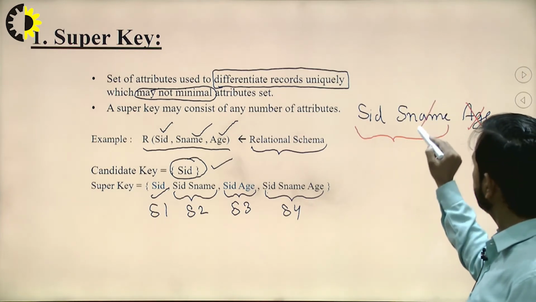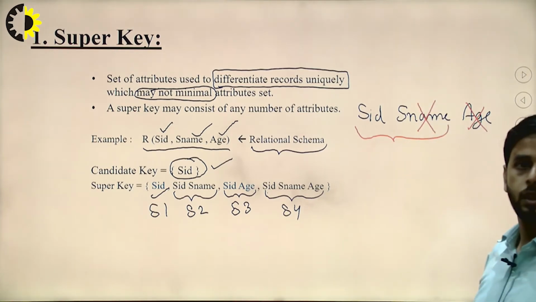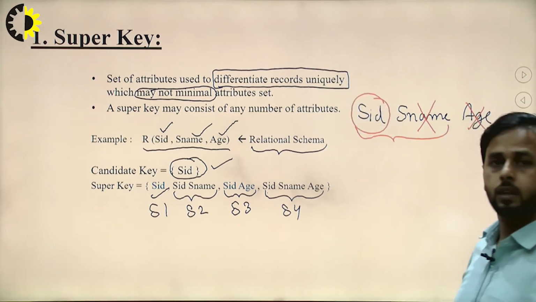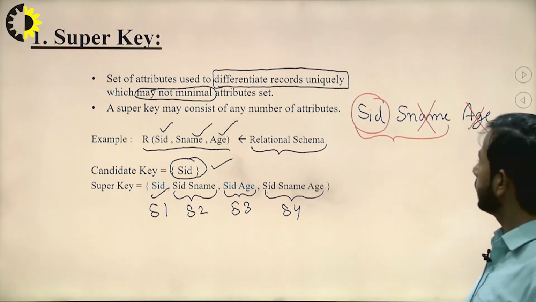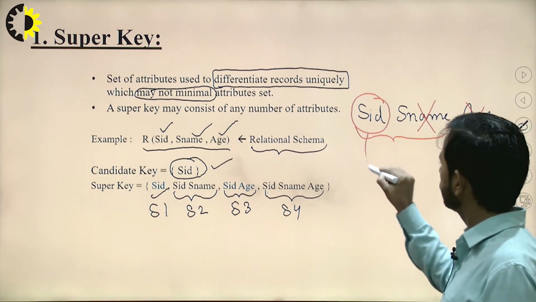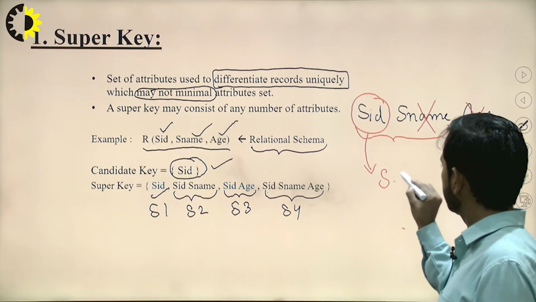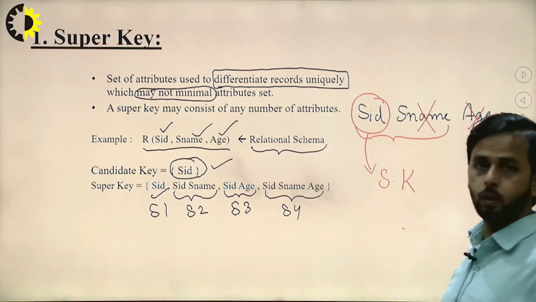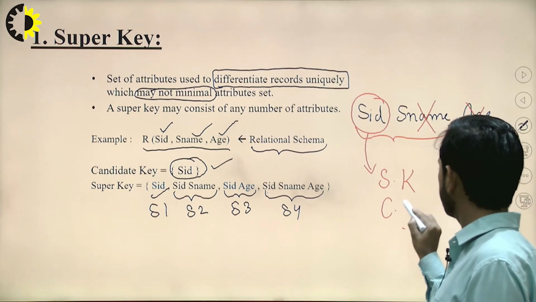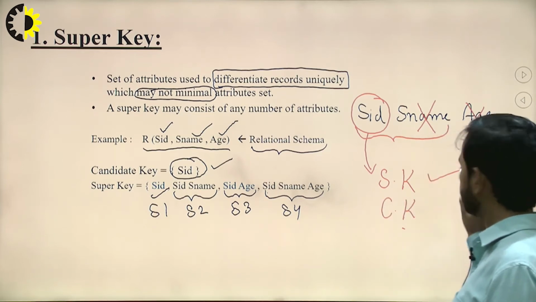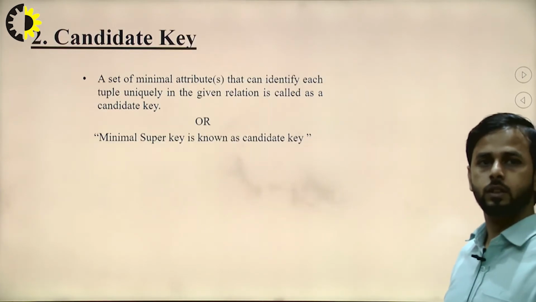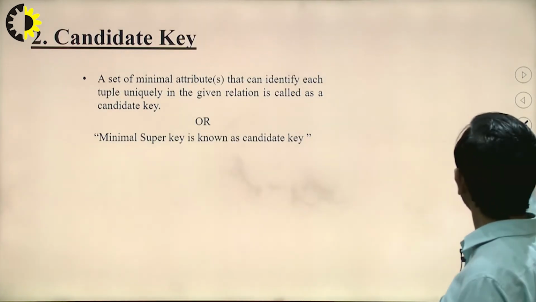Now if I remove student name, student ID is sufficient to identify all the records. So this is a super key, but now I cannot remove more attributes, so it is a candidate key also. It is a super key also and a candidate key also.